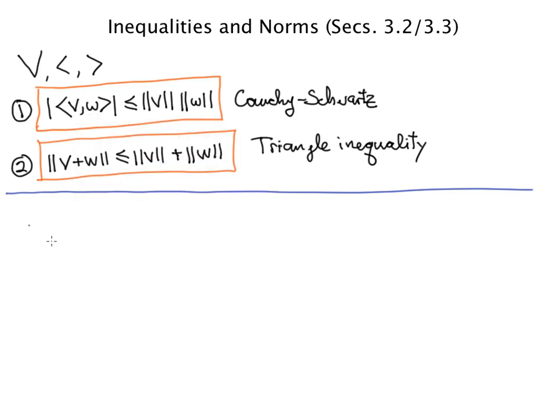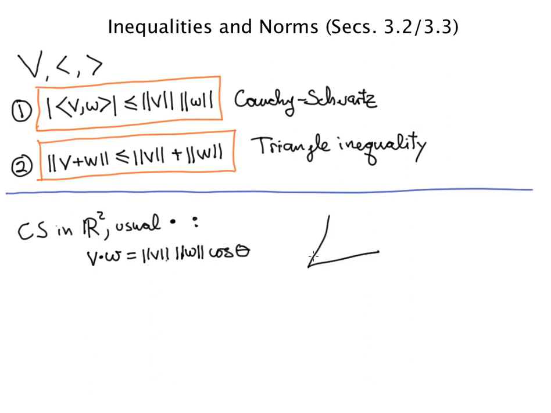As I mentioned last time, the Cauchy-Schwarz inequality in R2 with the usual dot product is that if you take the dot product of two vectors, that's equal to the product of the lengths times the cosine of the angle between the two vectors.